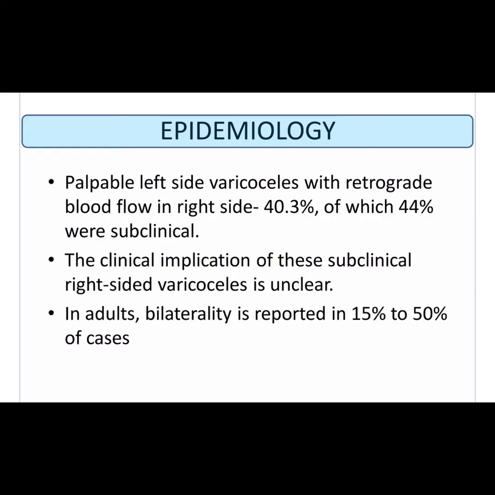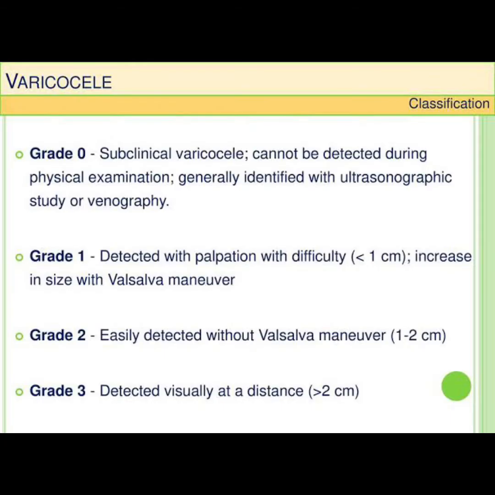Now let's discuss the physical examination of the varicocele patient. The physical examination is divided into a grading system called the Dubin grading system, which is based on the physical examination, and it consists of grade 0.